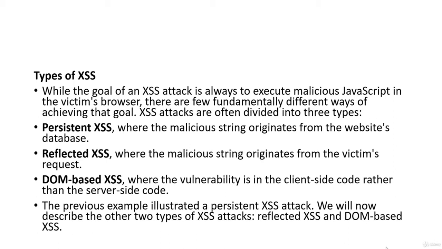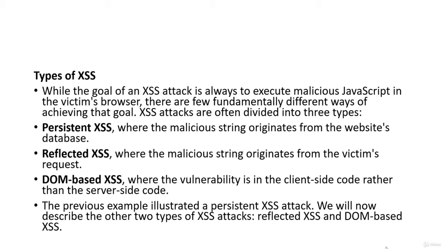The next one is the reflected XSS attack. This is the type of XSS where the malicious string, that means the code, originates from the victim's request. That means it will only be reflected to particular victims. Whenever anyone opens the infected link or URL, it will be visible only to that victim and won't affect the whole, broad domain of users that visit the website.